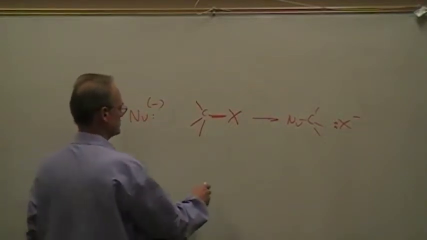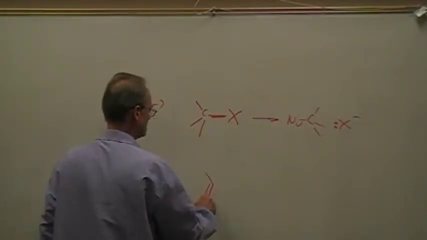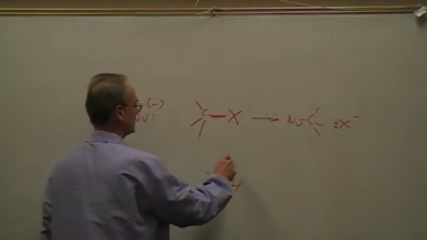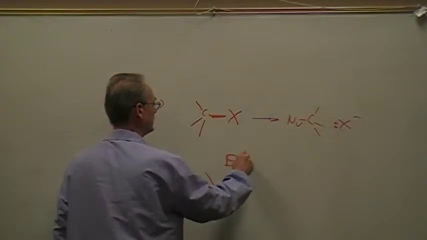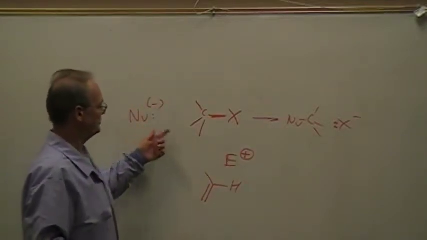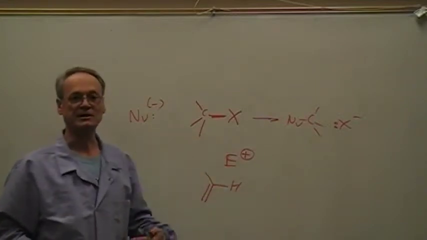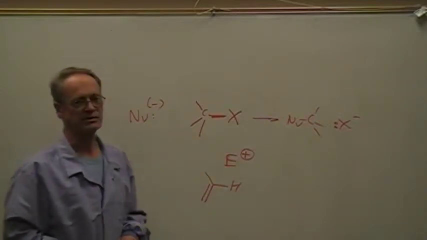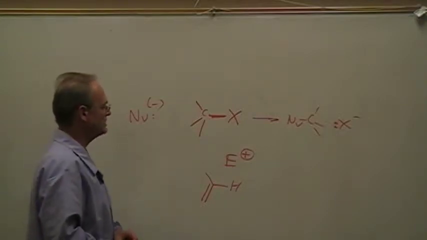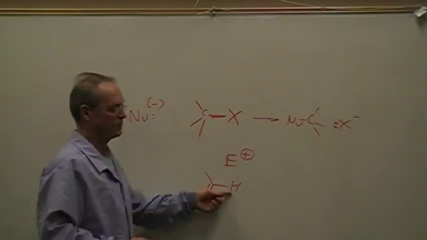In electrophilic substitution, on an sp2 hybridized carbon with a hydrogen attached, we're going to be reacting it with a compound called an electrophile, which is the opposite. Instead of having a negative charge with a pair of electrons, it's something that's electron deficient. It's lacking a pair of electrons, so it has typically a positive charge or something very close to a positive charge. And instead of replacing a halogen, we're going to be replacing a hydrogen.